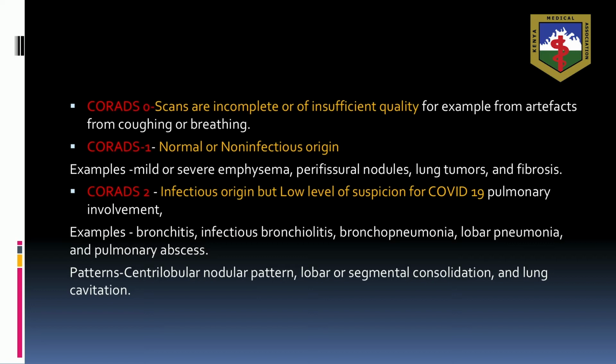In CORADS 2, it is an infection, yes, but has a low level of suspicion for COVID-19 pulmonary involvement. The examples would be bronchitis, infectious bronchiolitis, bronchopneumonia, lobar pneumonia, and pulmonary abscesses, amongst others. What you look at are things like centrilobular nodular pattern, lobar or segmental consolidation, and lung cavitation.